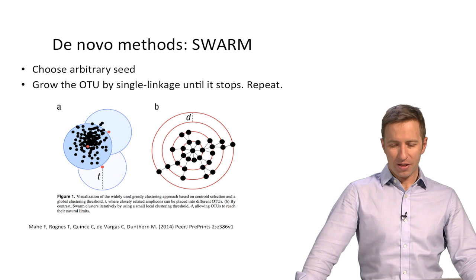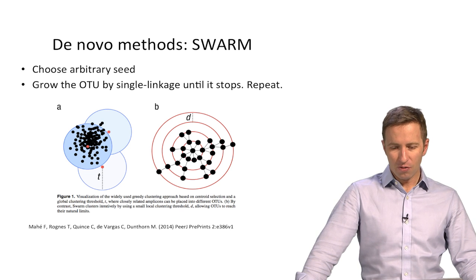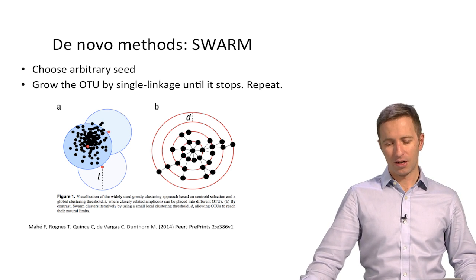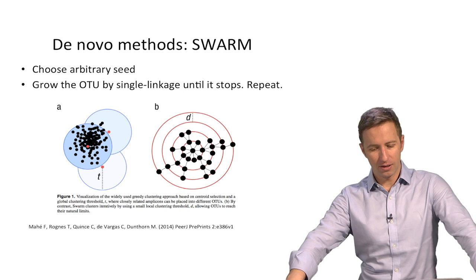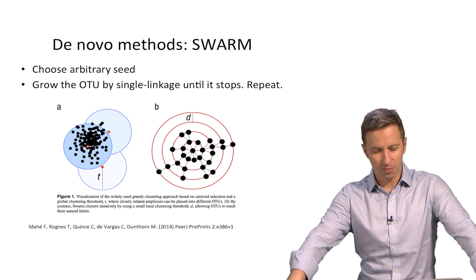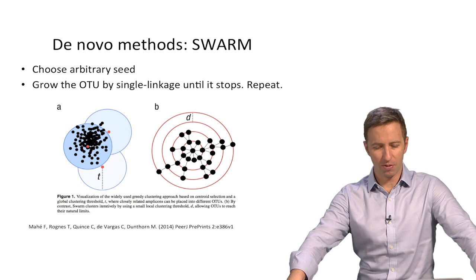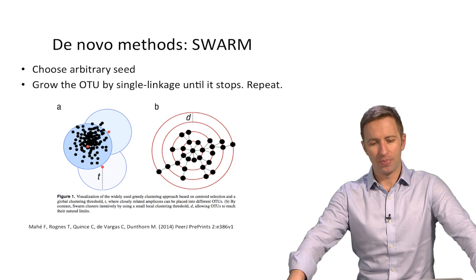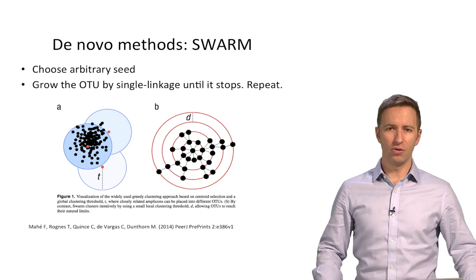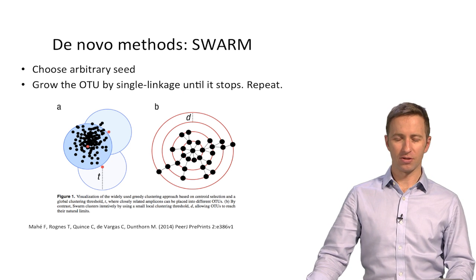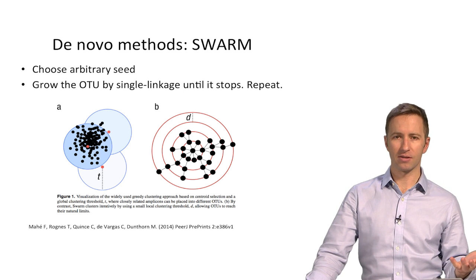The last method I'm going to talk about for de novo clustering of sequences is Swarm. And Swarm is very interesting. This is currently published as a preprint, so it's not peer-reviewed, but it has a really intriguing approach, and the approach is actually quite simple. They choose an arbitrary seed for a new cluster, same as Uclust.